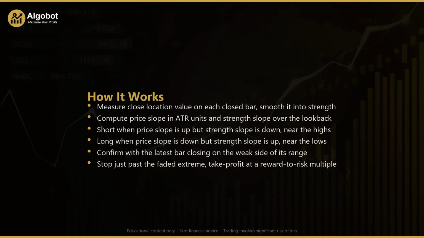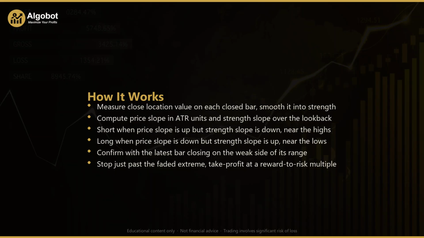The strength slope must be falling by at least the minimum strength slope, defaulting to 0.01. Price must be sitting near the top of the lookback range, controlled by the extreme fraction of 0.7. And finally, the most recent bar must close on the weak side of its own range, below the midpoint of 1/2. When all four agree, the EA sells.